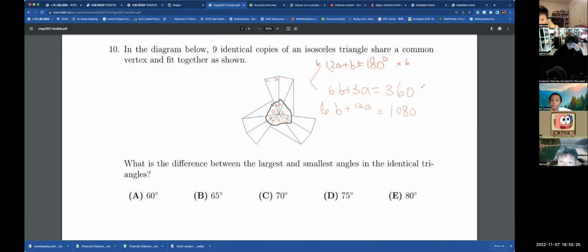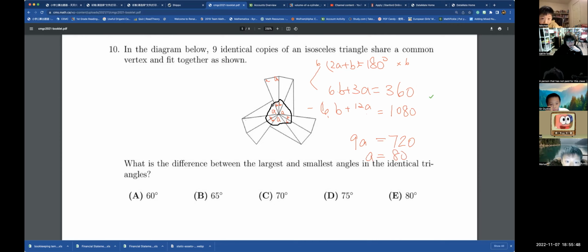Do you understand this part? Okay, so you subtract it. So we get 9A because I'm using this equation minus this equation. So 6B minus 6B, there's no B. 12A minus 3A equals 9A. So 1080 minus 360 equals 720. So that's why A equals 80.